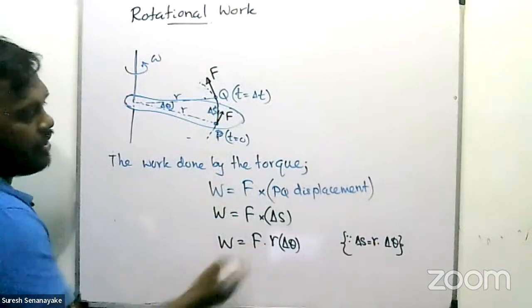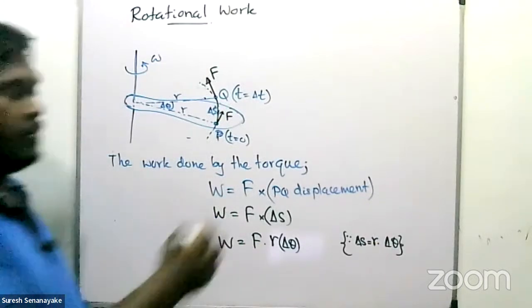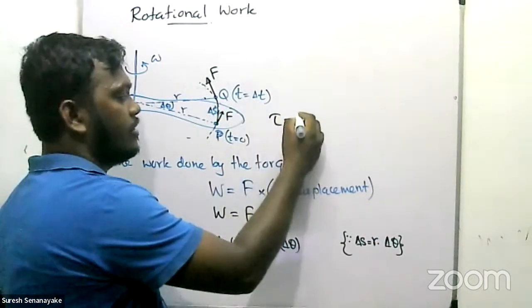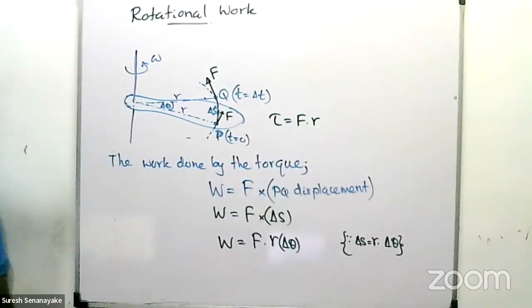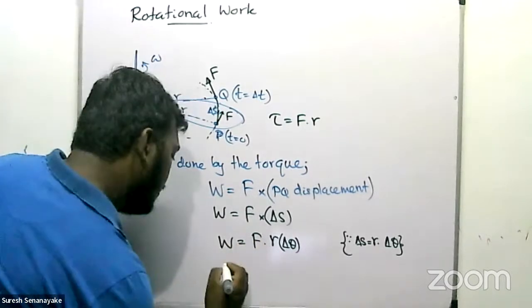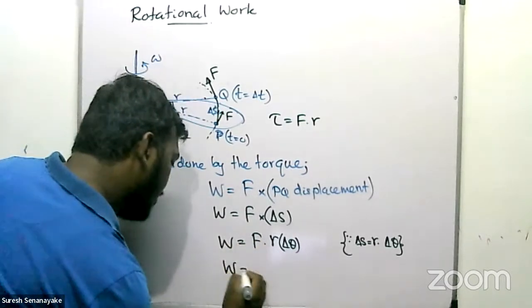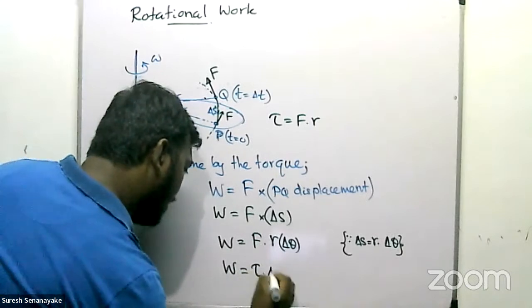Then F into R is a torque. You know that the torque applied equals the force into the perpendicular distance. So W equals tau delta theta.